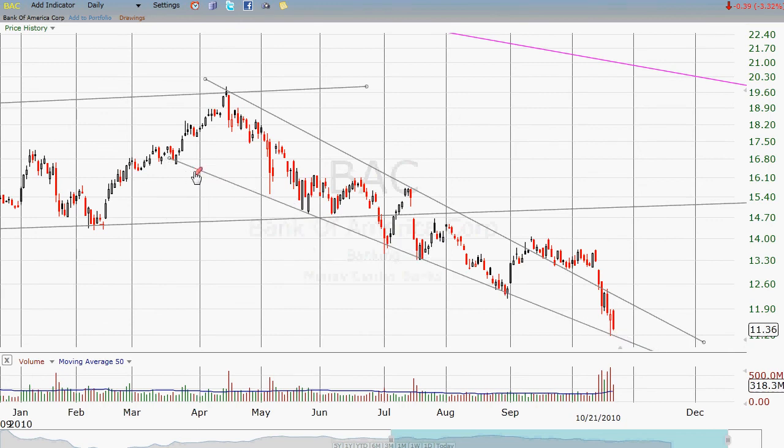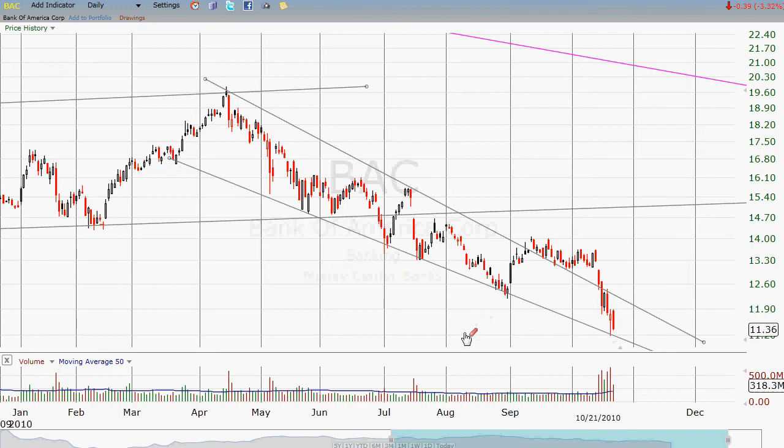You'll notice, if you draw the trend line on the bottom side of this wedge, that the day before yesterday, Bank of America hammered down on that bottom line, recovered, and then it slid back.